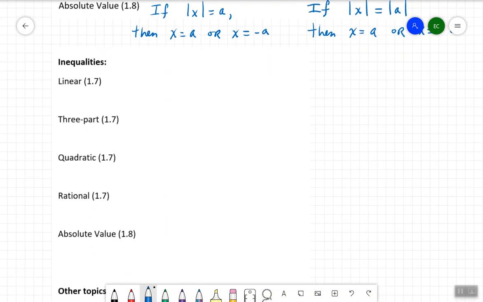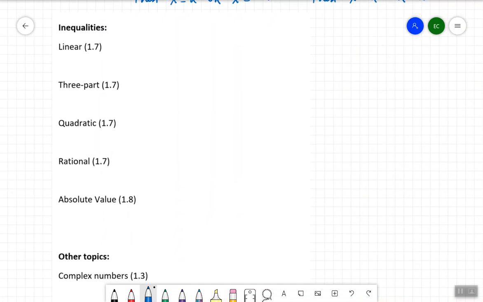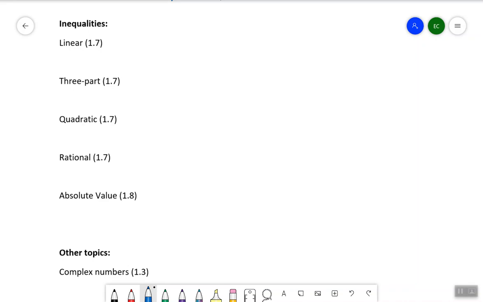Once we solved equations, then we wanted to solve inequalities as well. And notice in this list of inequalities, you see a lot of the same vocabulary as we saw for the equations.